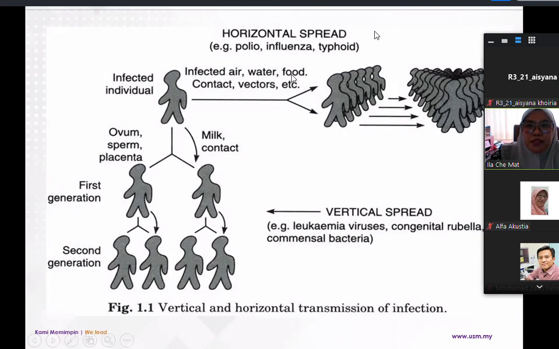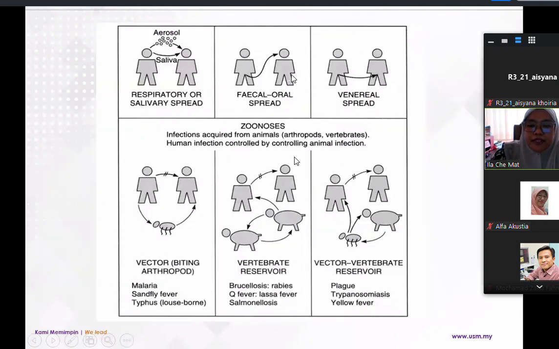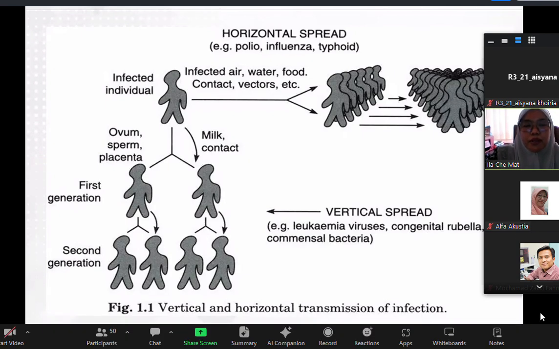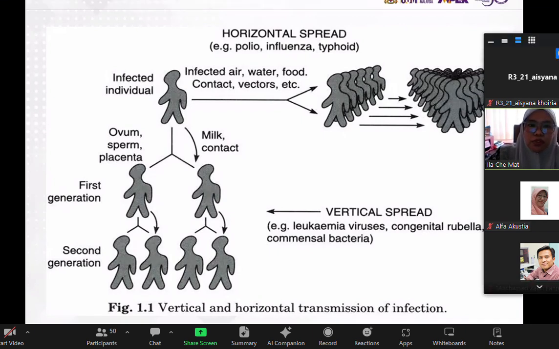Okay, so that's the factors involved. Now we are talking about transmission, how it is transmitted. So for the routes of transmission, there are two types: one is horizontal and one is vertical. Horizontal means something that spreads really quickly, for example COVID-19, influenza, and Ebola virus, which can spread horizontally, meaning from one person to another.